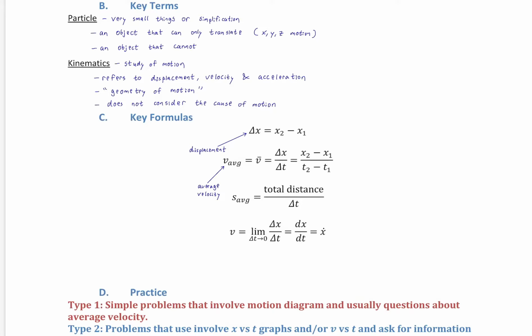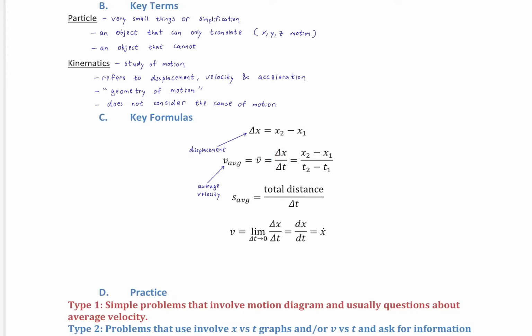V average, where AVG is a subscript, means average velocity. So V for velocity and AVG for average. It can also be represented as V with a bar over it, and is defined as the displacement over the elapsed time. So the delta x over the delta t.